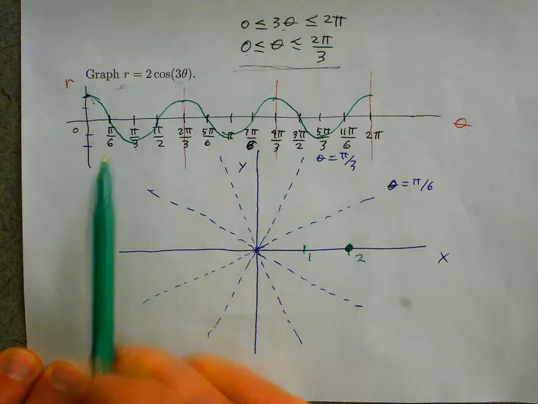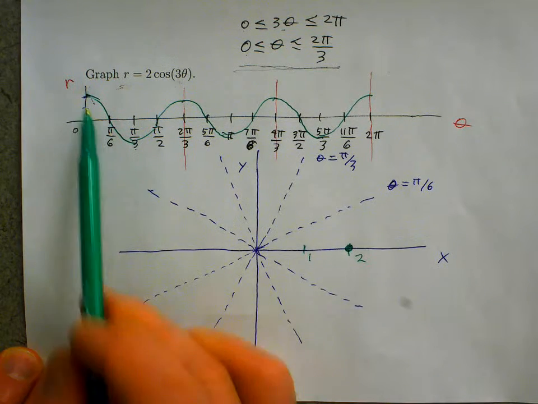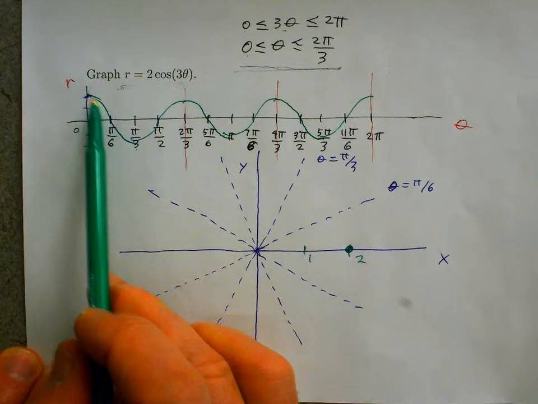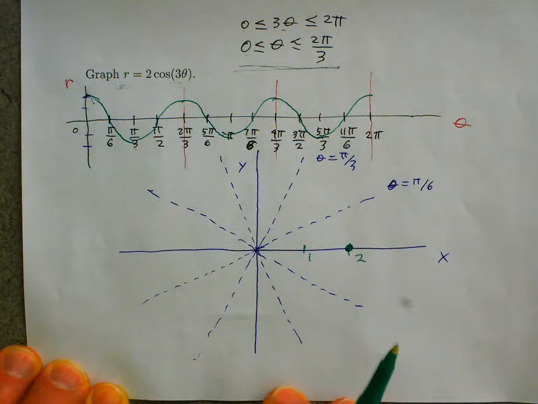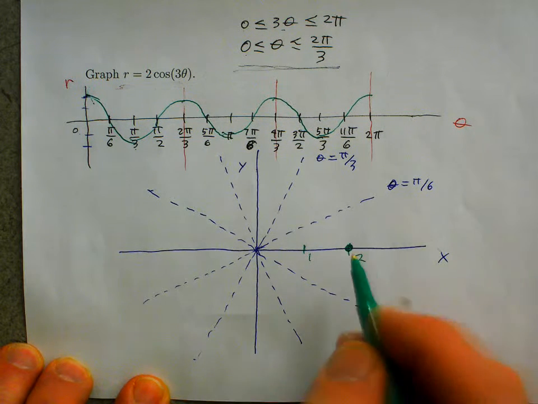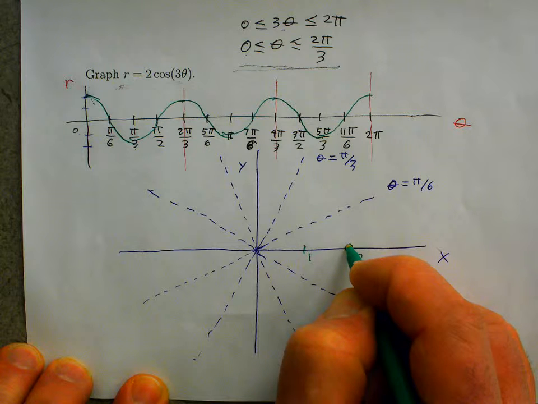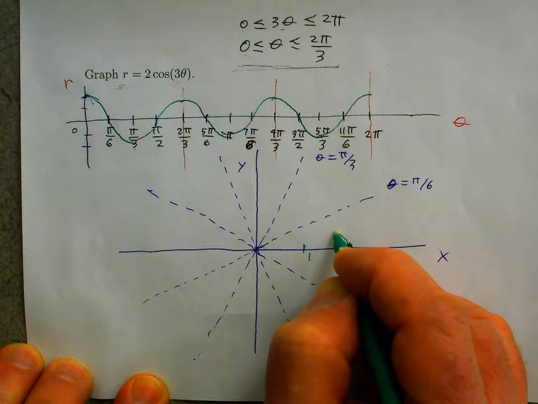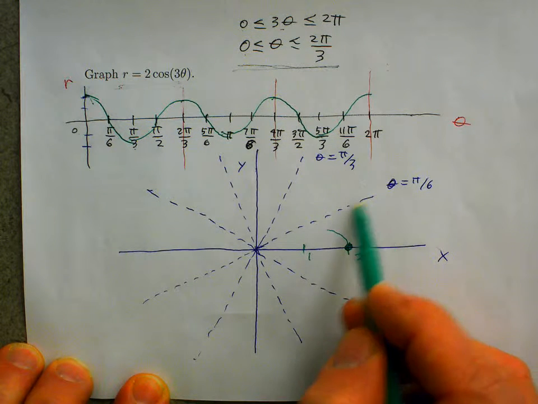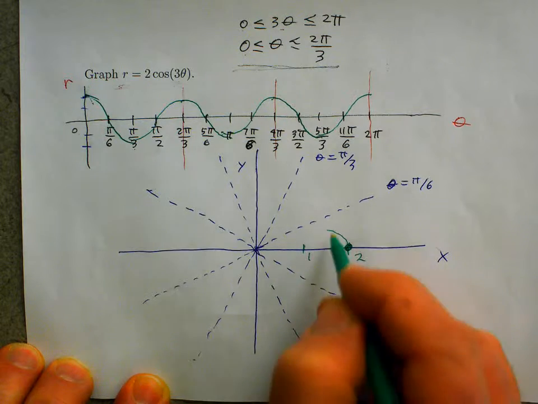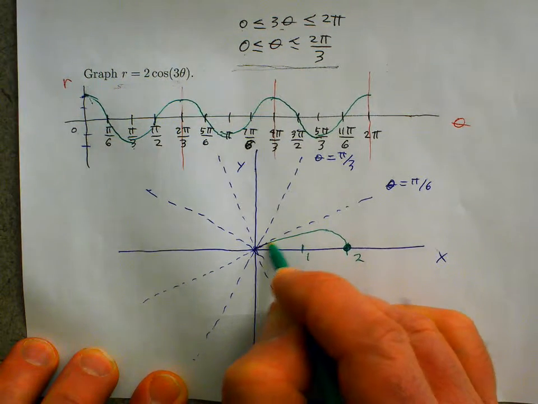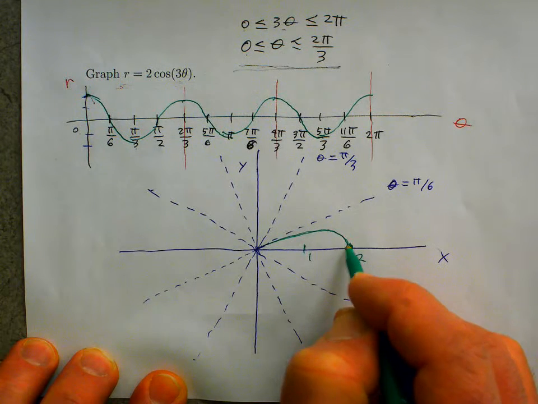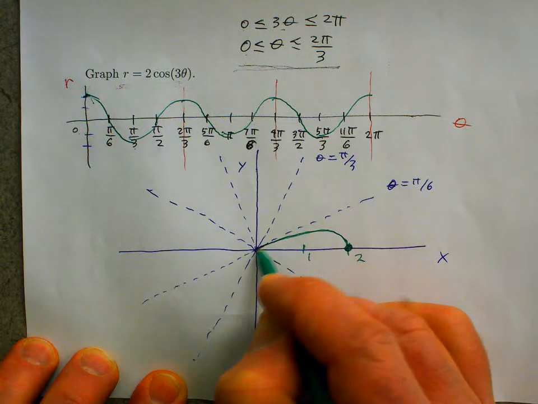And then between 0 and pi over 6, the r values are positive, and then 0 at pi over 6. So the r values are positive, they get shorter and shorter. And then at pi over 6, the r value is 0. So we get something that looks sort of like that.